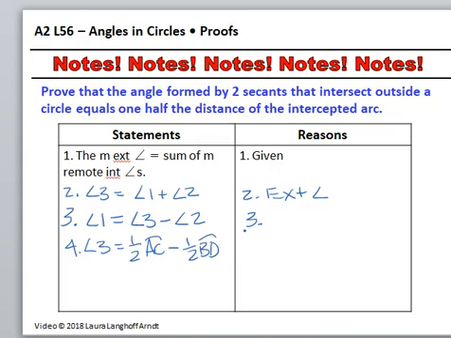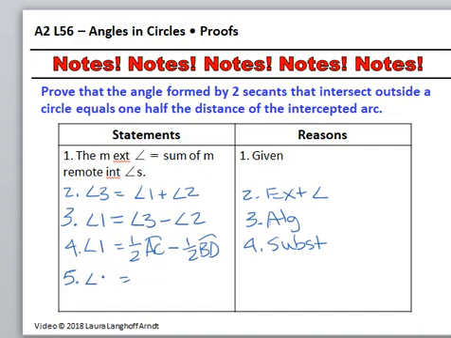What should we call number 3? We'll just call that algebra. And for 4, we will call that substitution. And what did we do last time? We factored out the 1/2. So 5 is angle 3 equals, whoops, I made an error. Did you see my error? I called this angle 3, and that is not angle 3.